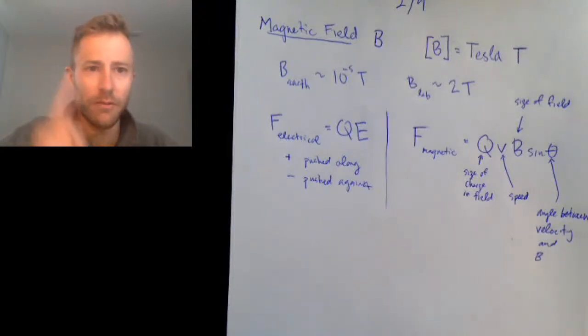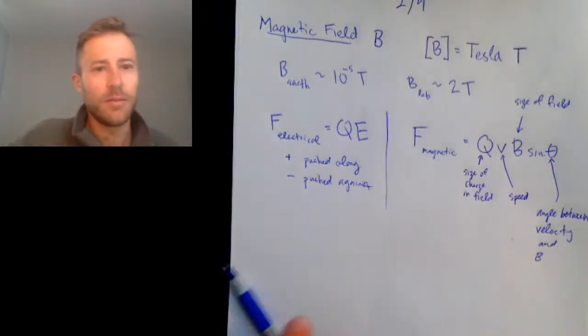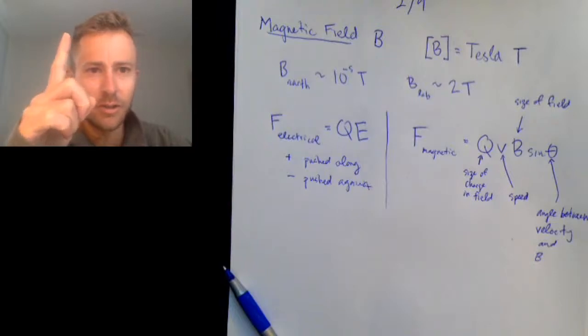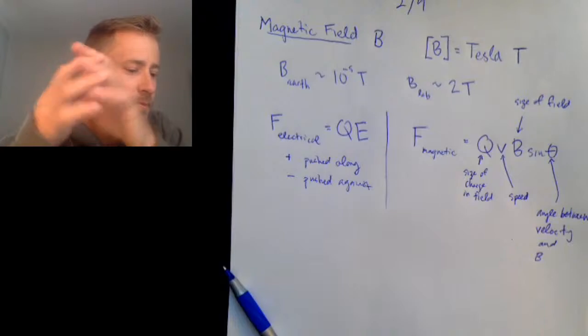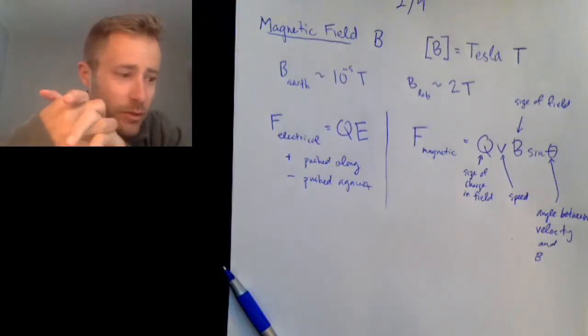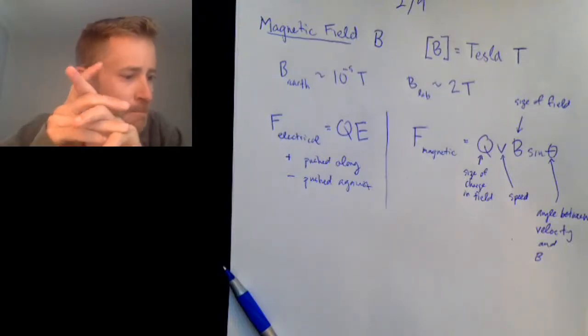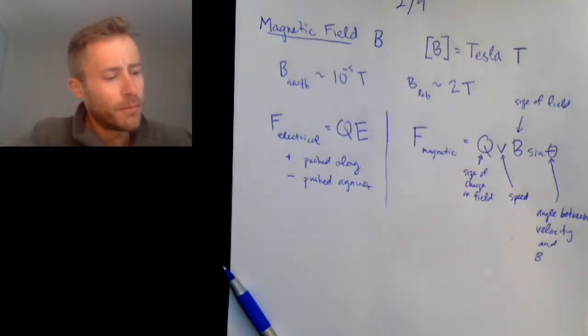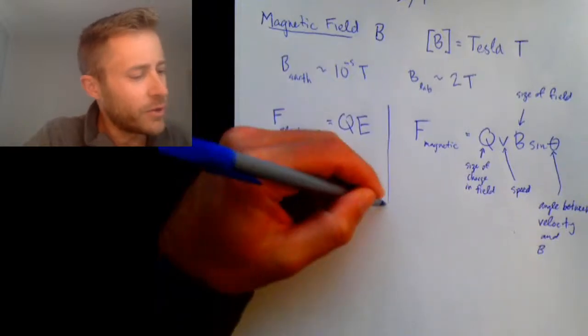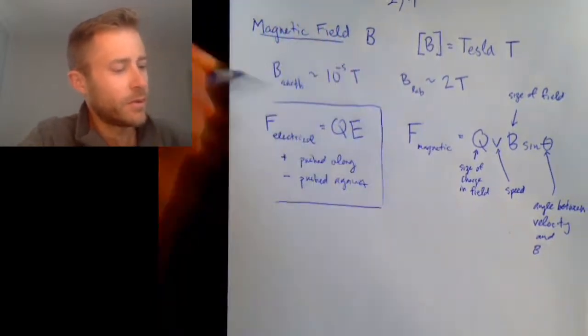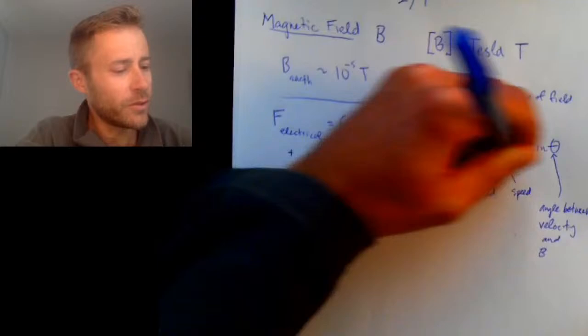So maybe the magnetic field goes one direction, and the velocity goes in a different direction. Okay. So this is our main equation for today, this one right here.